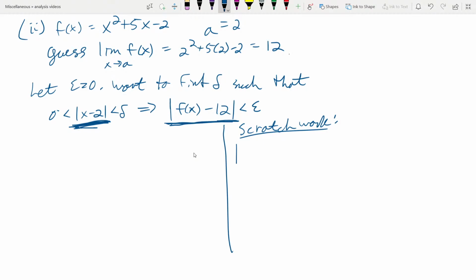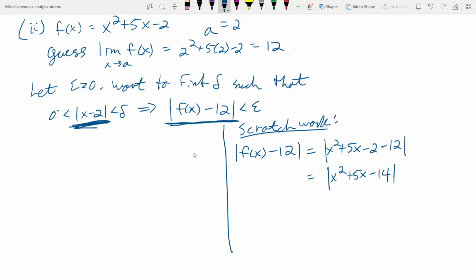We'll look at f of x minus 12 here. So we get x squared plus 5x minus 2 minus 12. Okay. We get x squared plus 5x minus 14.